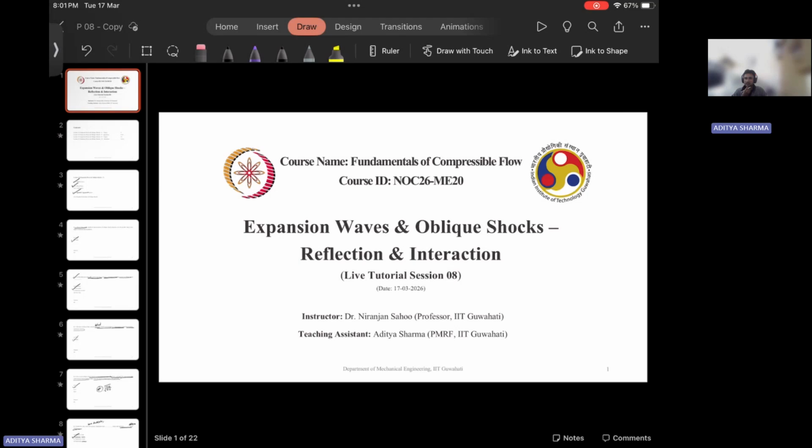In lecture number 19, we saw intersection of oblique shocks. So intersection of oblique shocks of same family and then intersection of oblique shocks of different families. Same family: when two oblique shocks, either right running or left running oblique shocks, are intersecting, then it means they're of same family.